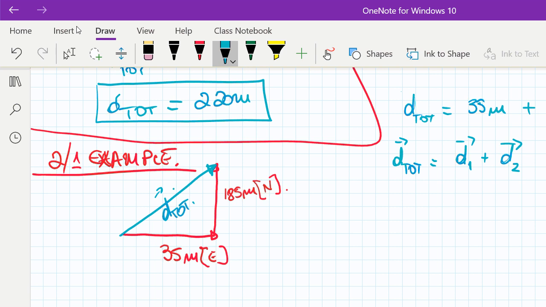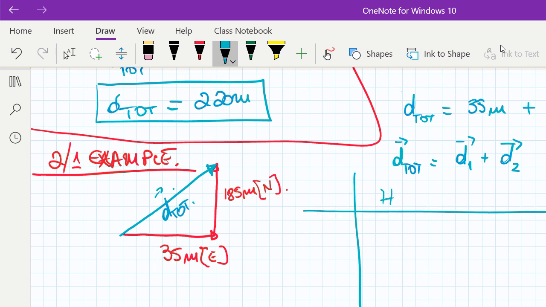When you are expressing the distance, it will be 220 meters. Not north, not east, not anything. But when you are writing the total displacement, then you will add them as you add two vectors using components.